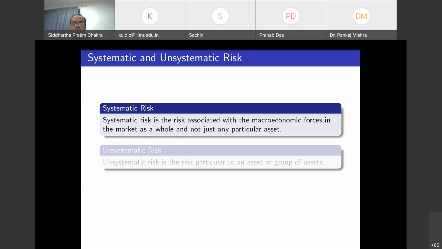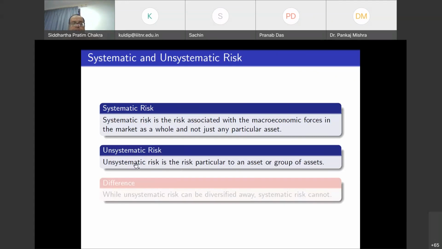And I will talk about it mathematically after a few slides. And there is something called unsystematic risk. This is the risk to the return of a particular asset resulting from some characteristic of the asset itself or the group of assets. So for example, if there is an interest rate increase, that is obviously going to affect all the companies.